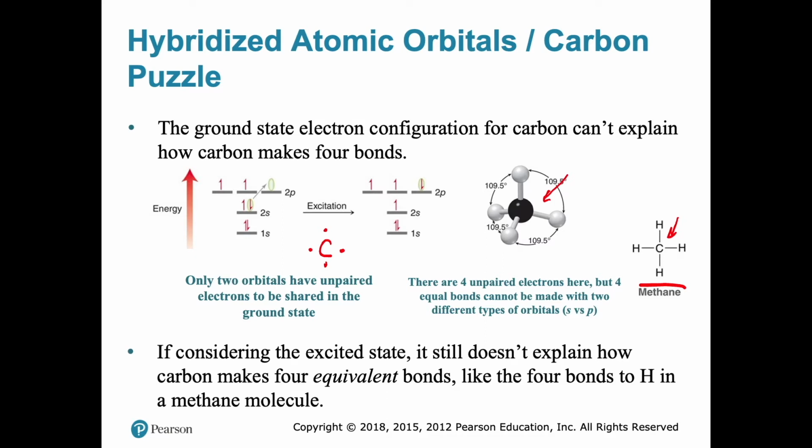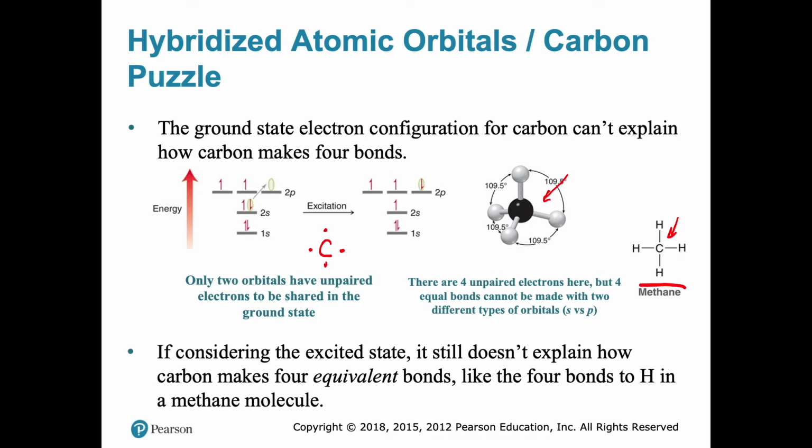That's why it's up here, 1s orbital. And then the second shell is called the 2s orbital. And all 4 of carbon's electrons that are available for bonding are in the second shell, or sorry, not 2s orbital, but the second shell. Yes, exactly. Does that make sense? Okay.